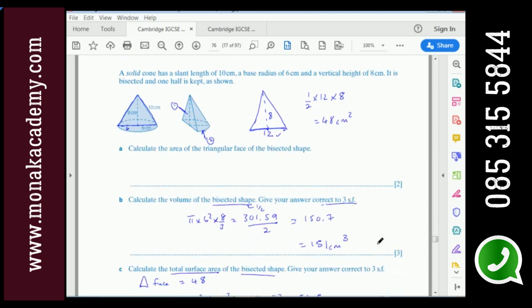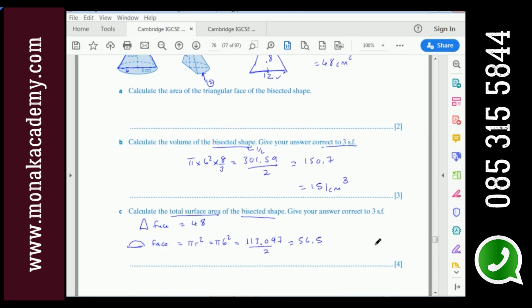So let's look for the half face. It's radius times slant length. 6 times 10, which is 60. But that is for the full cone, right? We only want it for half of the cone. So what are we going to do?